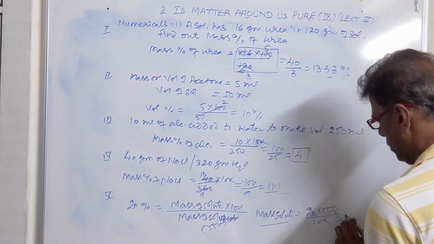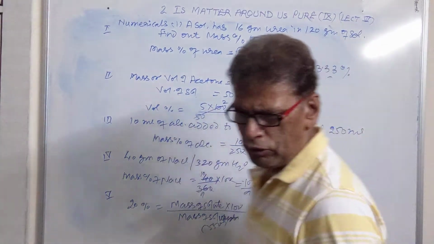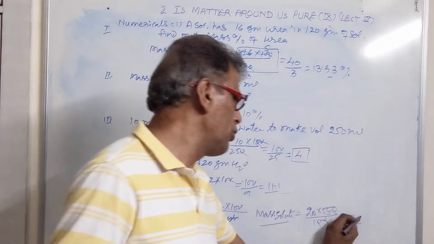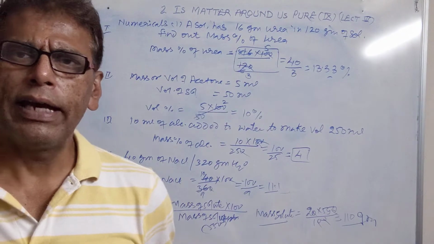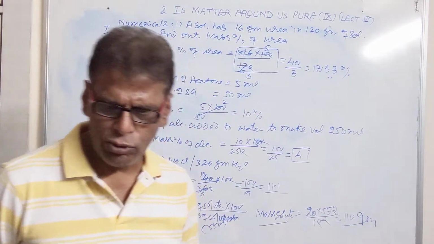Zeros are cancelled, you will get 110. This means 110 gram of solute will be present in the solution. So we can calculate mass of solute. Similarly, we can go for the mass of solvent also.